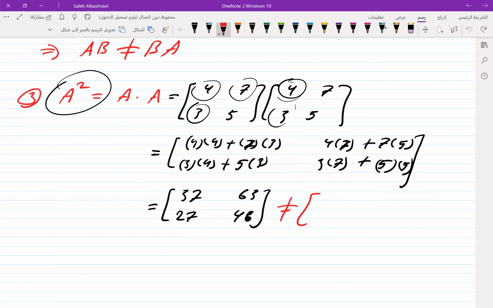the square of the elements, that is 16, 49, 9, and 25. So A square, or A dot A, or A multiplied by A, doesn't mean to square every single element of the matrix A. It is not correct. We have to be careful about the power of the matrices.